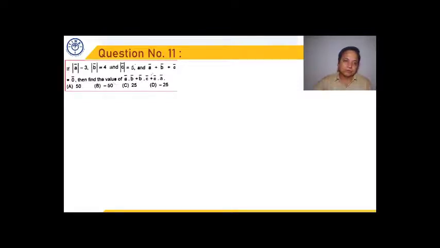Given A vector plus B vector plus C vector equal to 0. This is given to us. We also know the modulus of the three vectors. So can we use this result if we take the modulus of A plus B plus C multiplied by itself? We do the whole square of this.